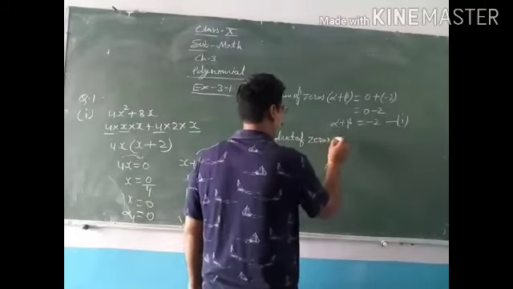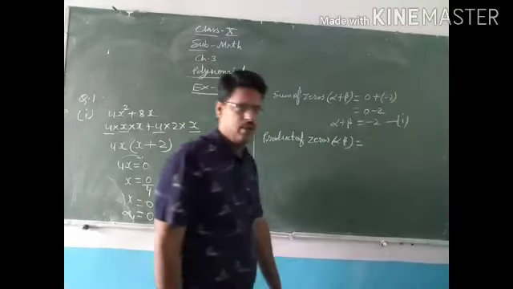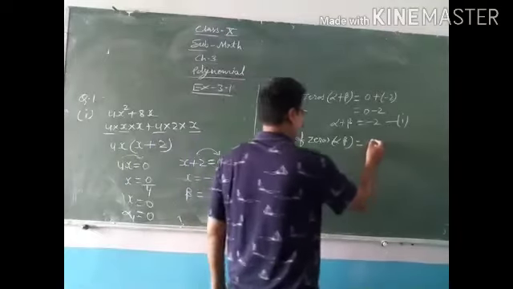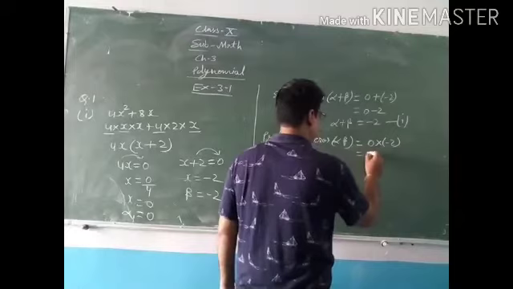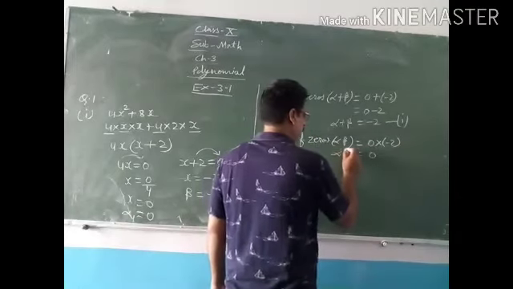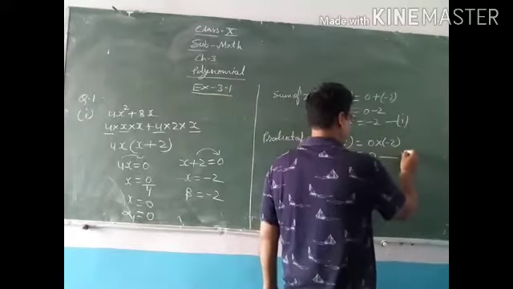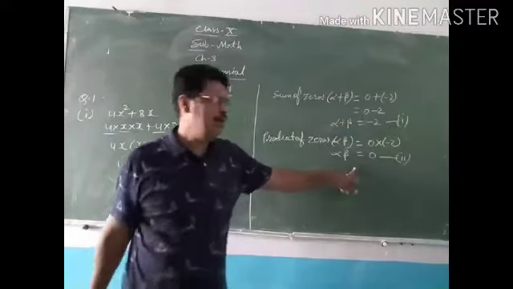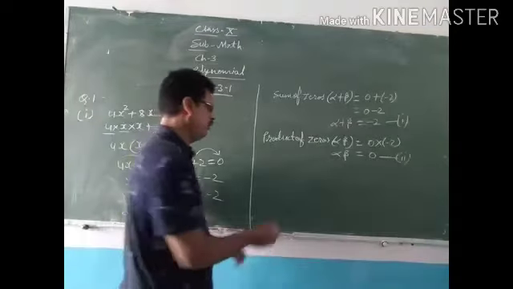Product of zeros, so that means alpha into beta. So alpha into beta means alpha 0 into beta minus 2. So ultimately it will come 0, because any number multiplied by 0 comes 0. This is equation second.